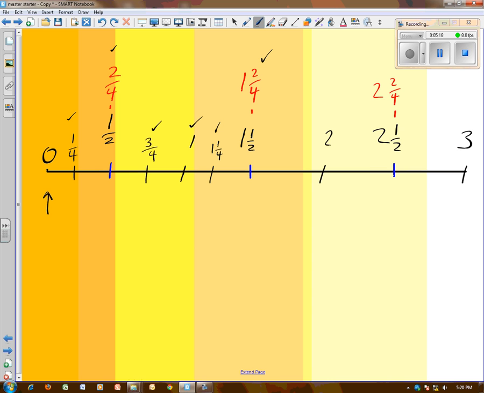Then 1 2/4 or 1 1/2, which is the same thing. 1 3/4. 2, 2 1/4, I'll have to write small. 2 2/4 or 2 1/2, which is the same thing. 2 3/4, 3, and of course so on.